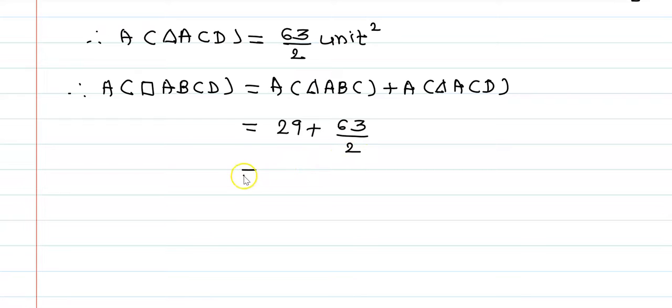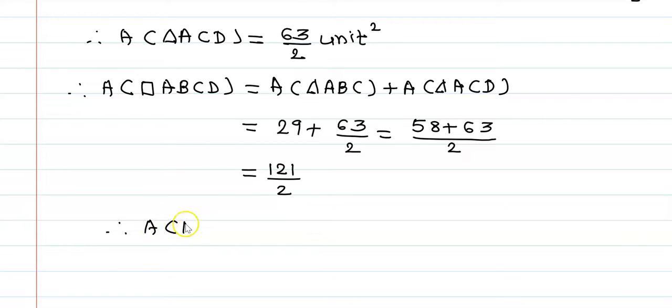Here the sum is, first 29 into 2, 58, plus 63 upon 2, that is nothing but 121 upon 2, and hence the area of quadrilateral ABCD equals 121 upon 2 unit square.